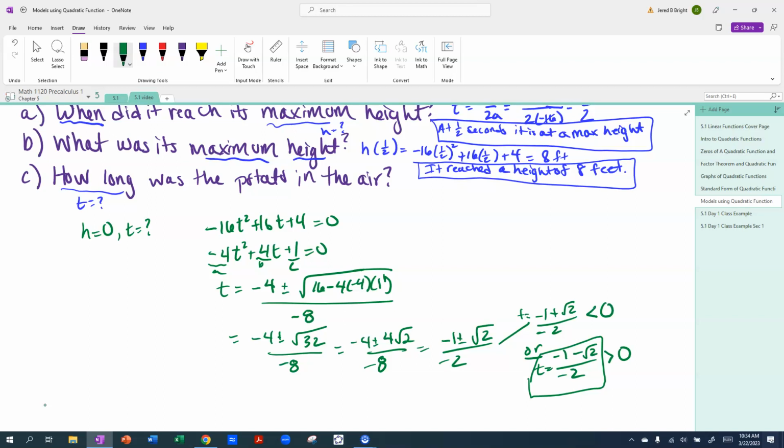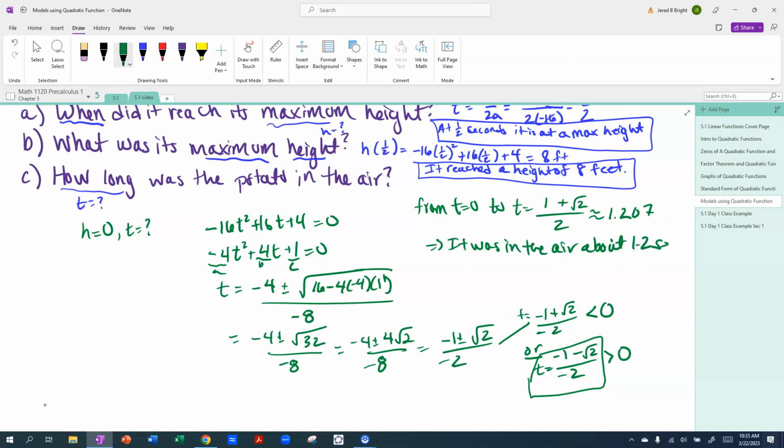We would say it would be in the air from t equal to 0 to, and I'm just going to make them all positive, t equal to positive 1 plus square root of 2 all over positive 2. And if you do the arithmetic on this, this is about 1.207. So that means it was in the air about 1.2 seconds.